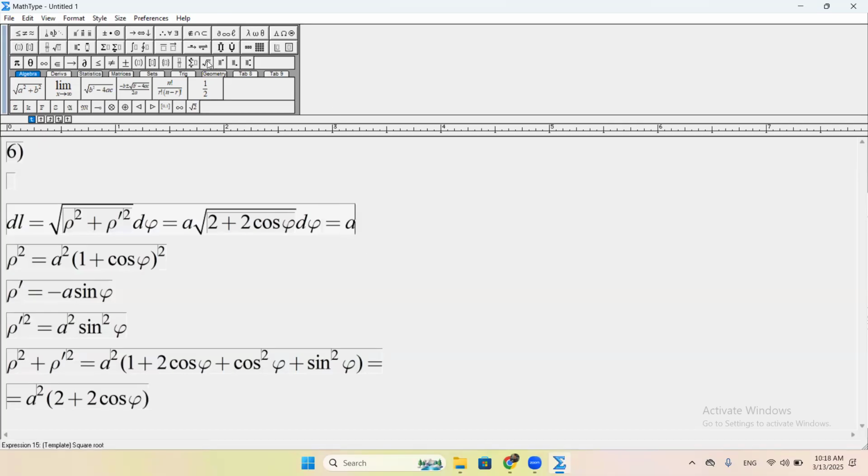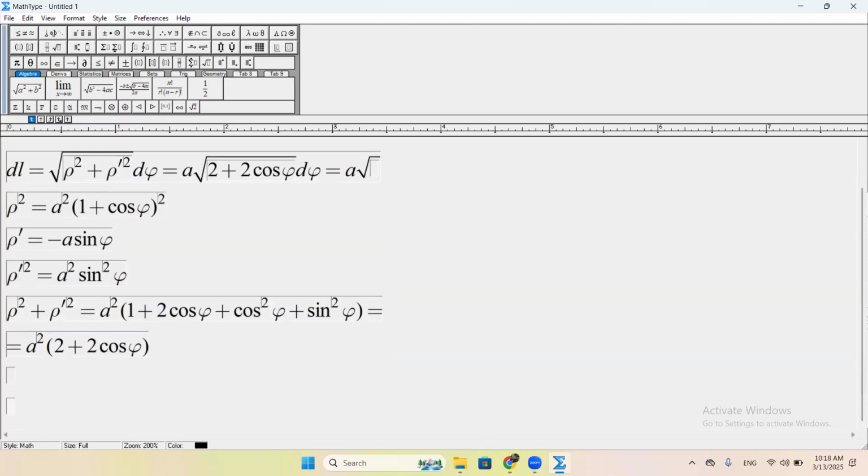So a square multiplied by, let me just remind it, 1 plus cosine of phi is equal to 2 cosine square of phi over 2.